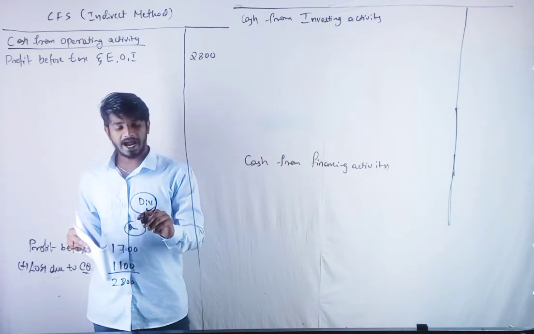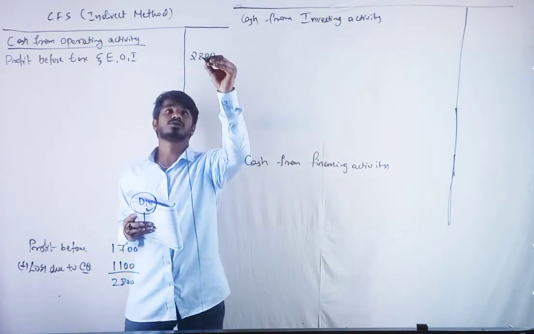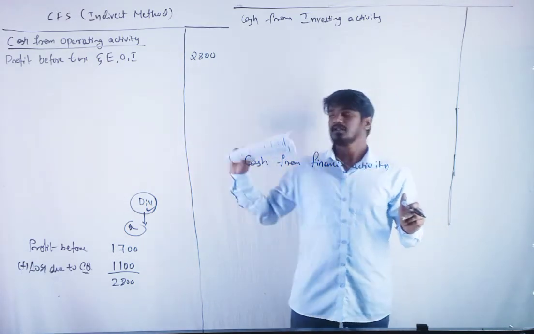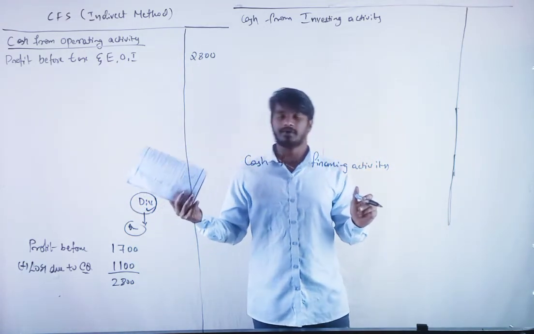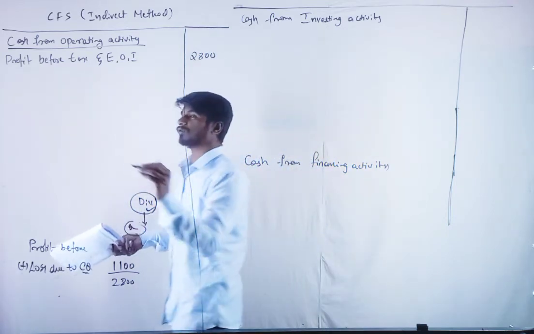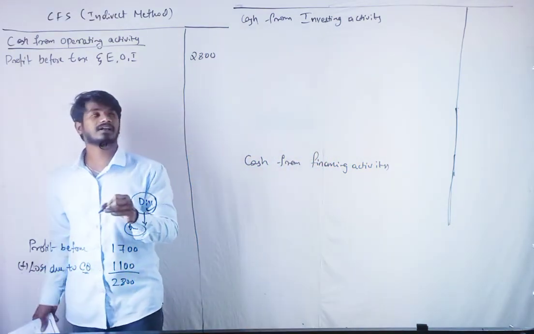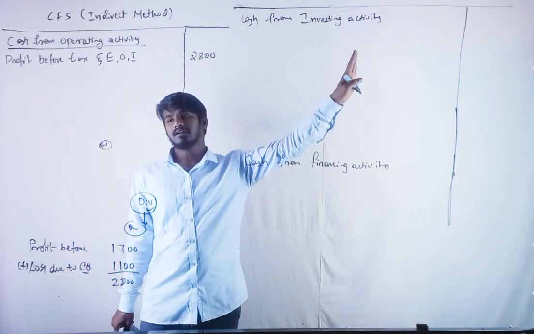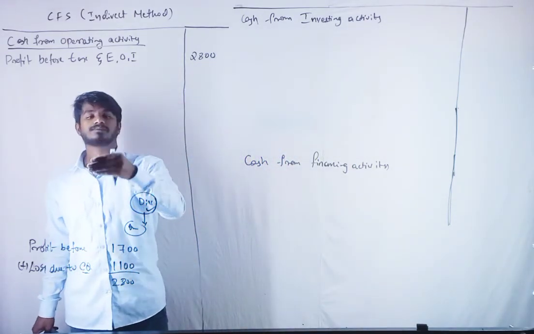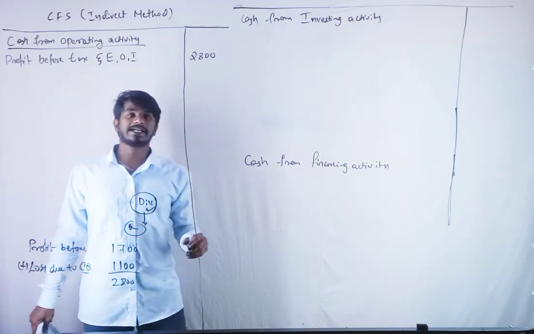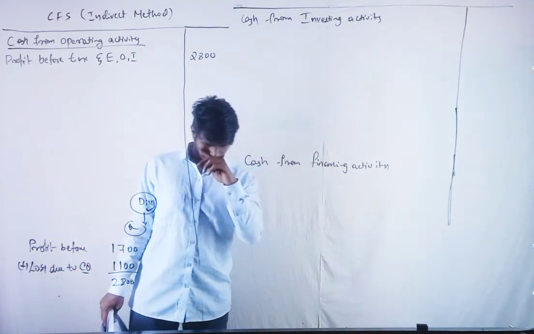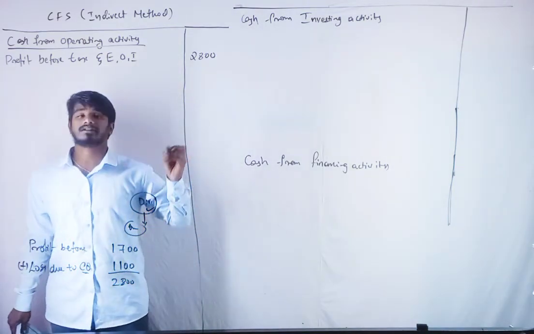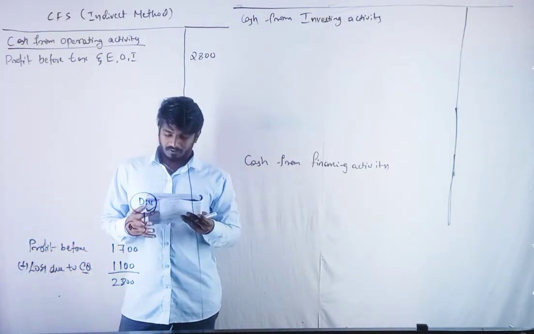It is already added to that 2,800, right? This is the second treatment. You can treat either way. You can minus it in the operating activity and show it in the investing activity. If not, you will do nothing. Simply it is already included in the profit, leave that. You will write a note, it is added in the profit, that's it. Fine sir.